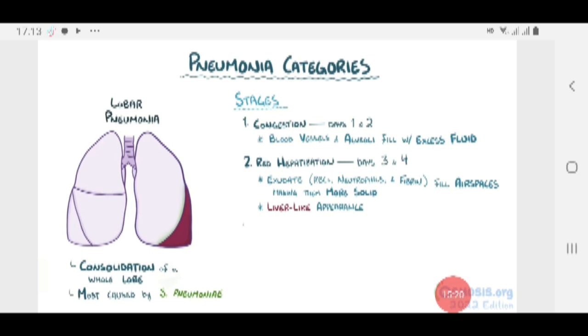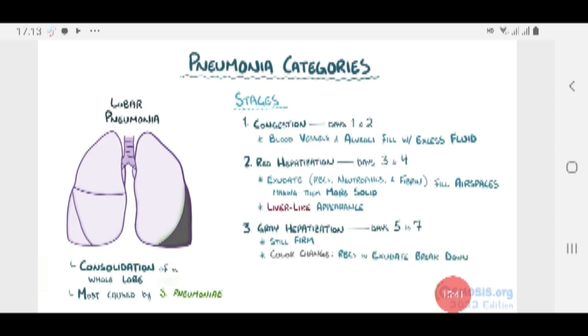The third stage is gray hepatization, which happens around days 5 to 7. In this stage, the lungs are still firm, but the colors change because the red blood cells in the exudate are starting to break down.